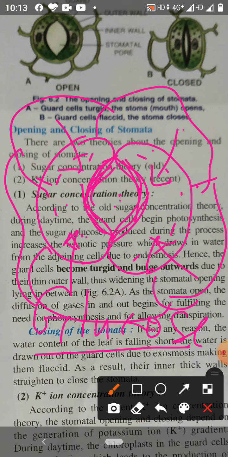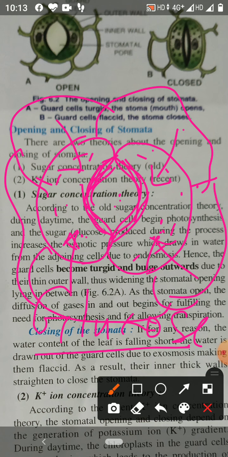But in the night, there is no light. They are not synthesizing glucose. And the glucose synthesized during daytime is converted into starch. The osmotic pressure of the guard cells will decrease. There will be exosmosis.